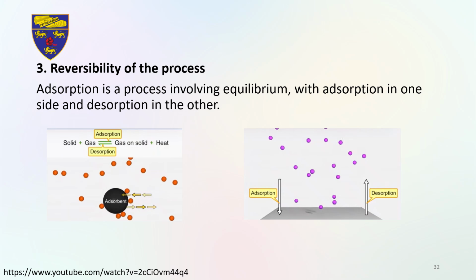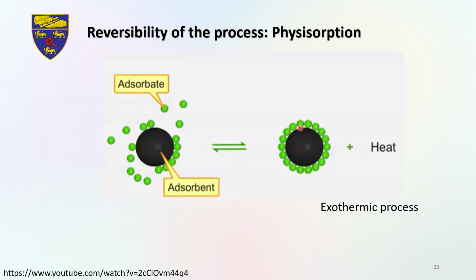Reversibility of the process. Adsorption is a process involving equilibrium, so the processes of adsorption and desorption will occur simultaneously until they achieve equilibrium. Physisorption is an exothermic process based on weak forces, so it generally produces heat upon adsorption, while the adsorbed substrate will be desorbed and absorb heat.